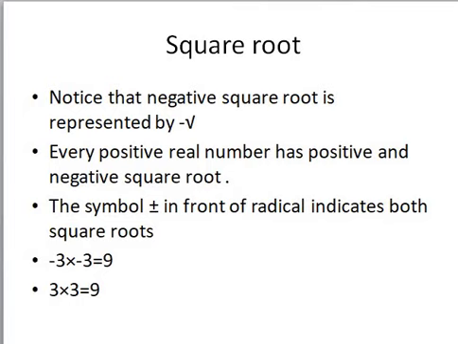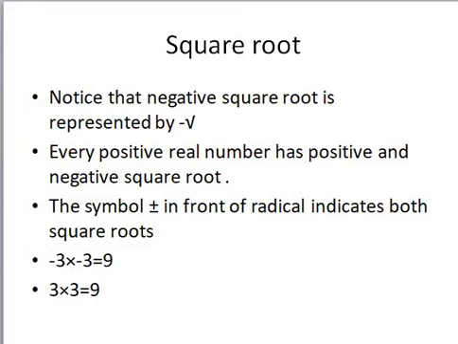So the square root of 9 could be negative 3, and it is also 3. But if you want to keep the negative sign, you have to leave it outside the square root. Under the square root, there mustn't be any negative sign at all.